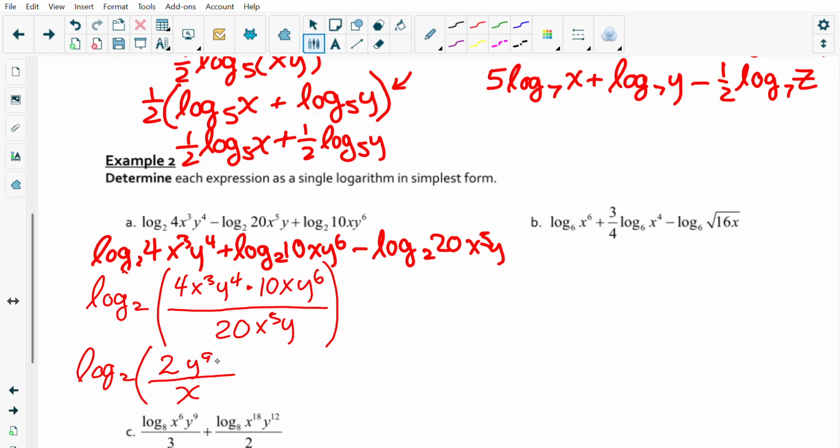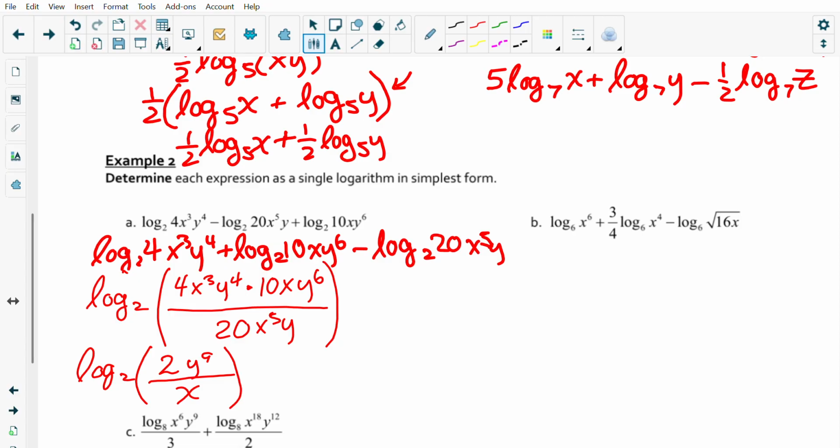That's y to the 9th in the numerator. So my resulting single logarithmic expression is log base 2 of, in brackets, 2y to the 9th divided by x.